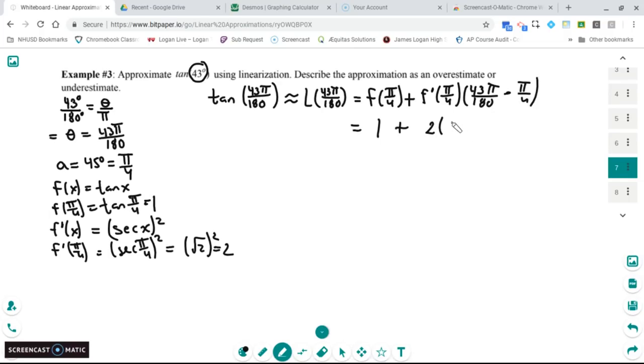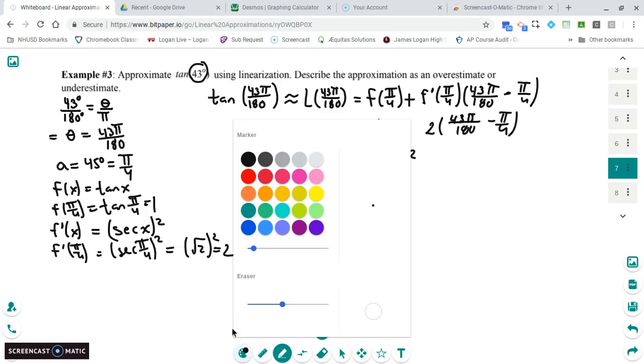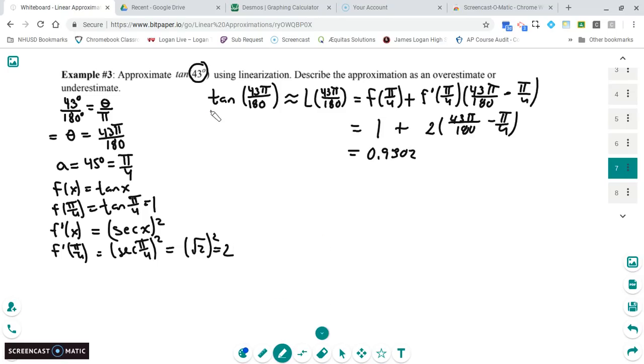All right, so now calculating this by hand is a little bit tricky. These are kind of tough numbers. So this is where I said I'm going to cheat a little bit and put this on the calculator. And so for this, we got 0.9302.